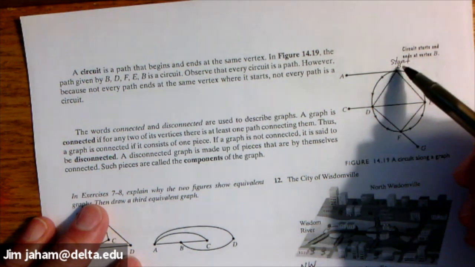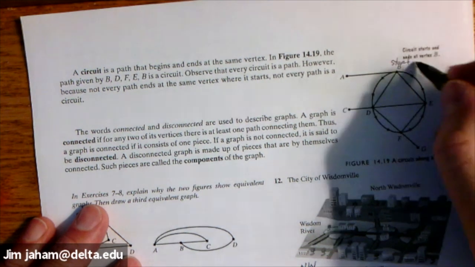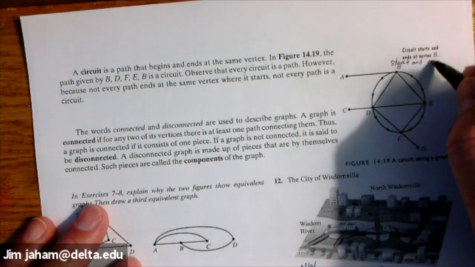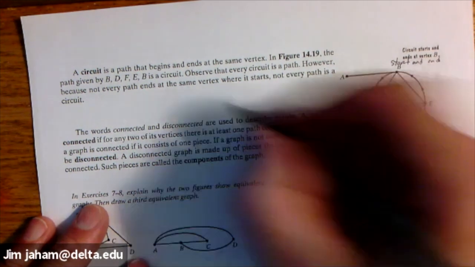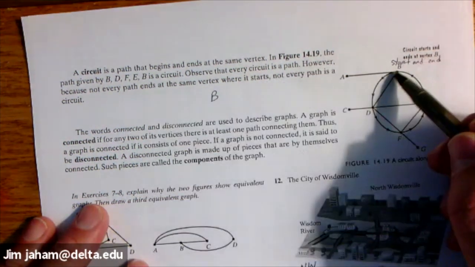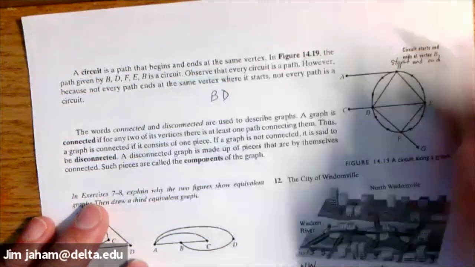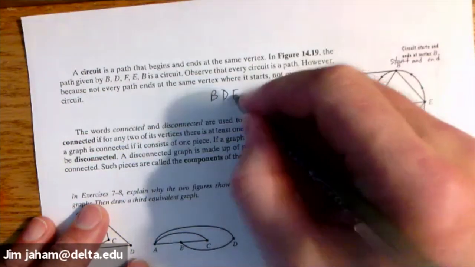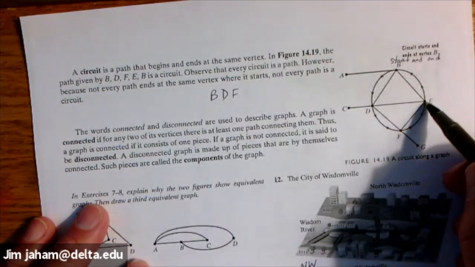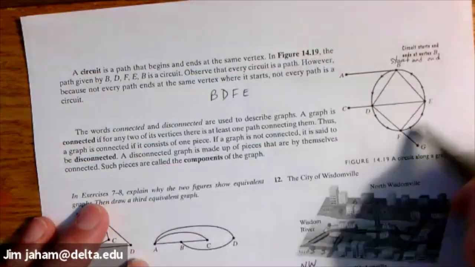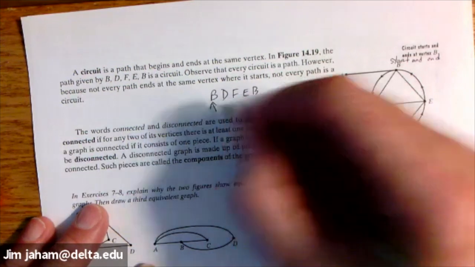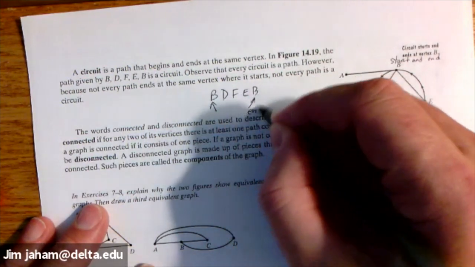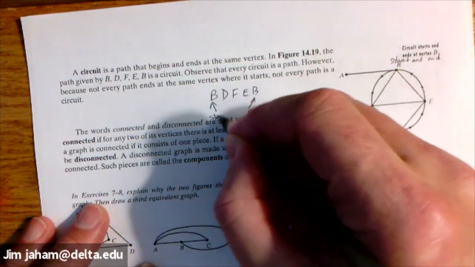A circuit, if it starts at B, has to end also at B in order to be a circuit. So here's one. Start at B, and we'll just follow the arrows. Down to D, and then to F, and then to E, and then finally back to B. So you start and you end at B. And if that happens, you have a circuit.